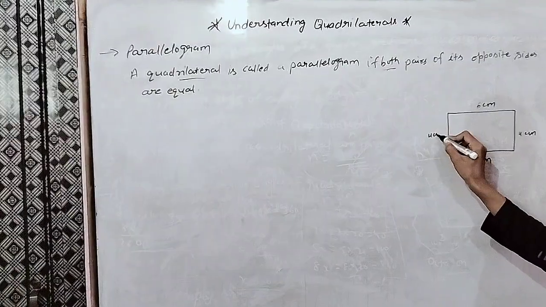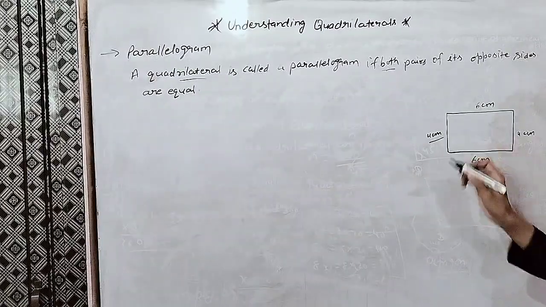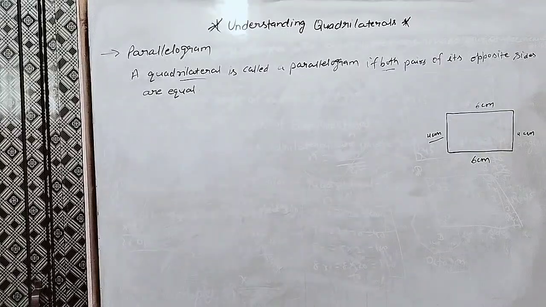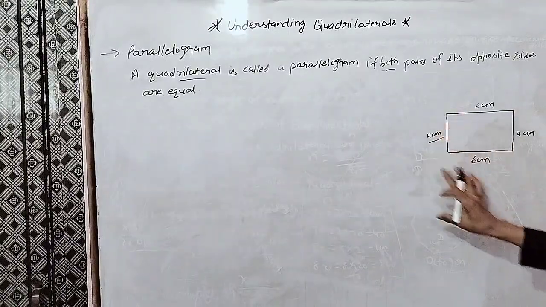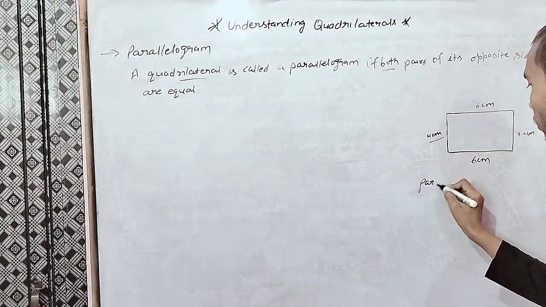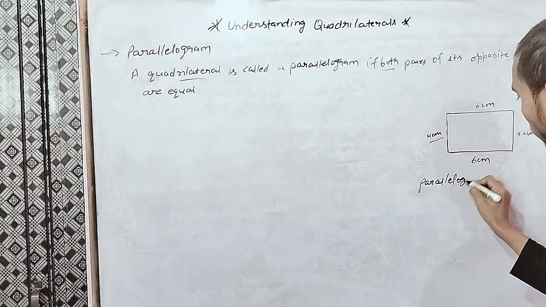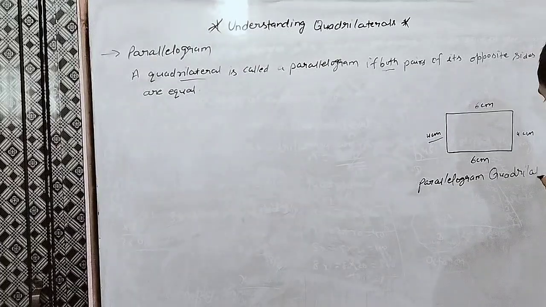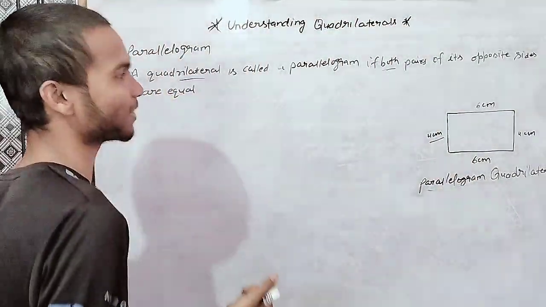So the measure of the opposite side will be 4 centimeter. This is a parallelogram quadrilateral, otherwise you can say quadrilateral parallelogram.